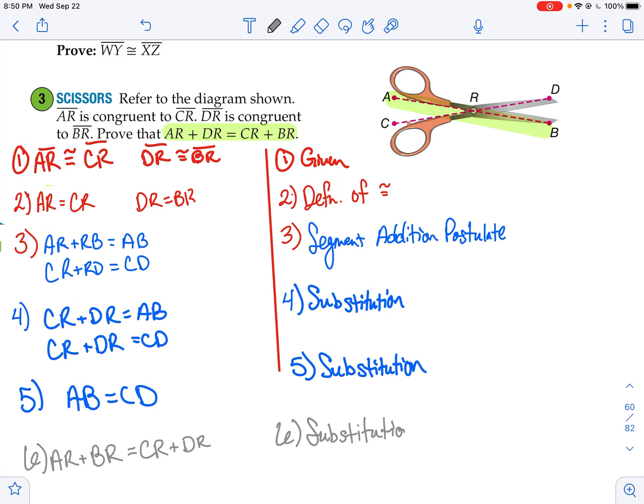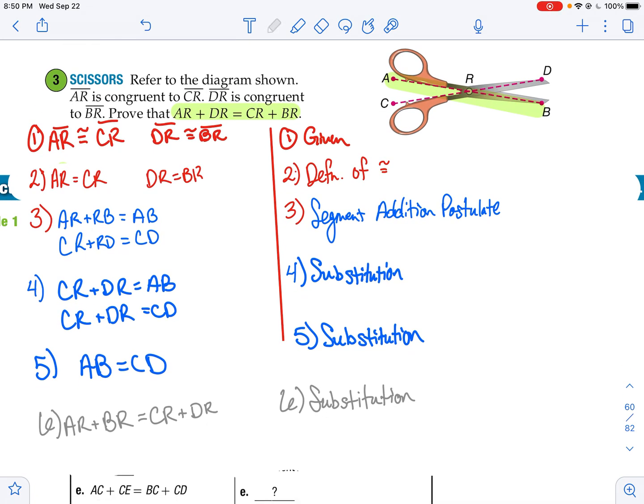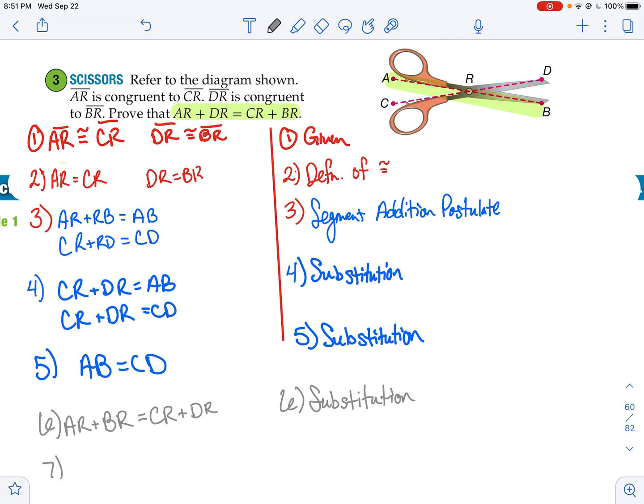My goodness, that's so much substitution. Then the last thing I want to talk about is, I'm not quite there. I wanted AR plus DR, so that's got to change, equals CR plus BR, so that has to change.